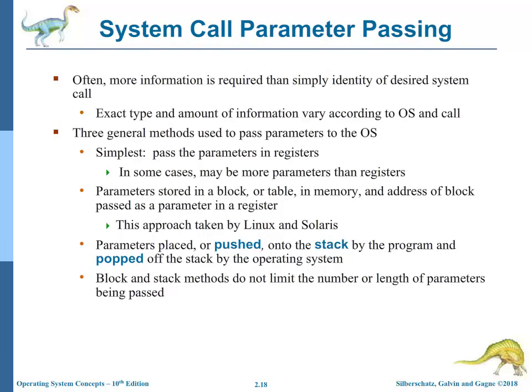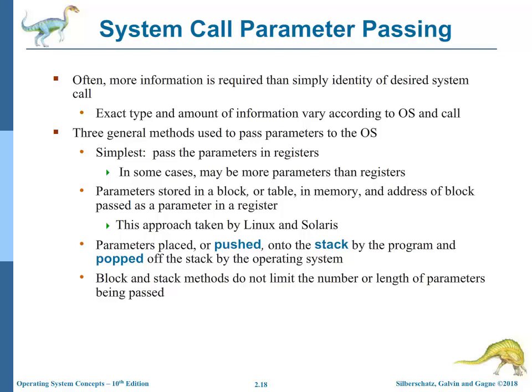There are three general methods used to pass parameters to the operating system. The simplest one is to pass parameters in registers. If there are more parameters than the number of registers, a block or table can be used, and the address of the block will be passed as the parameter.